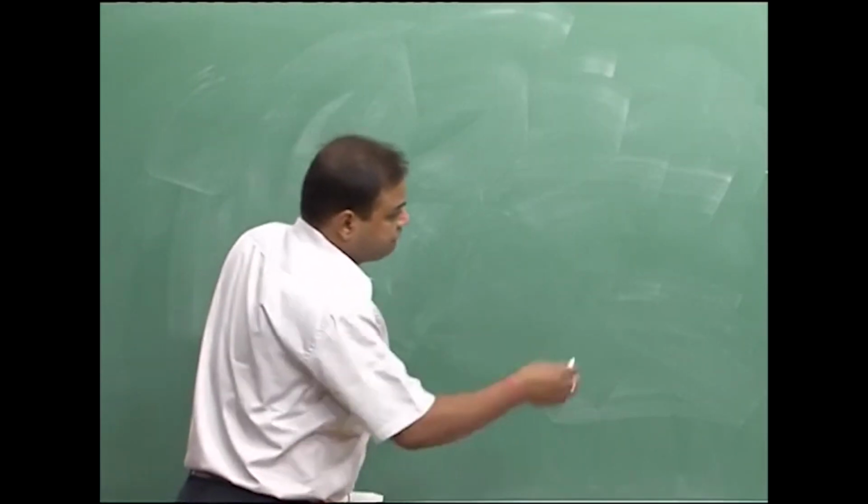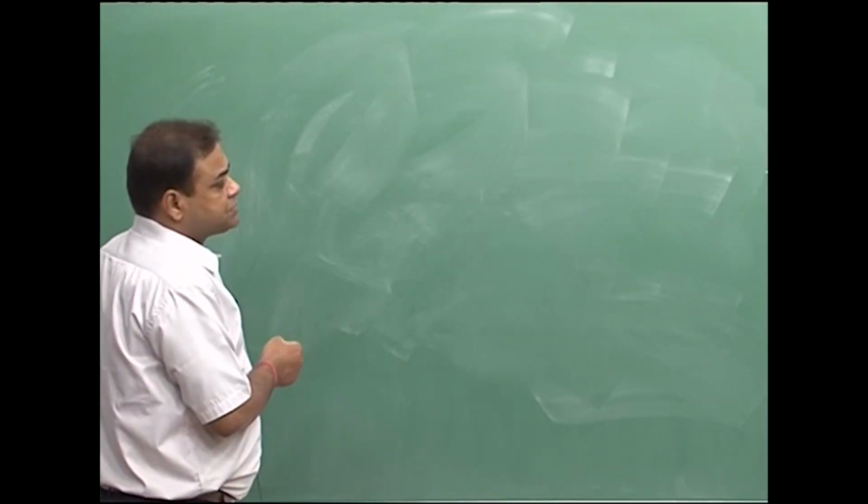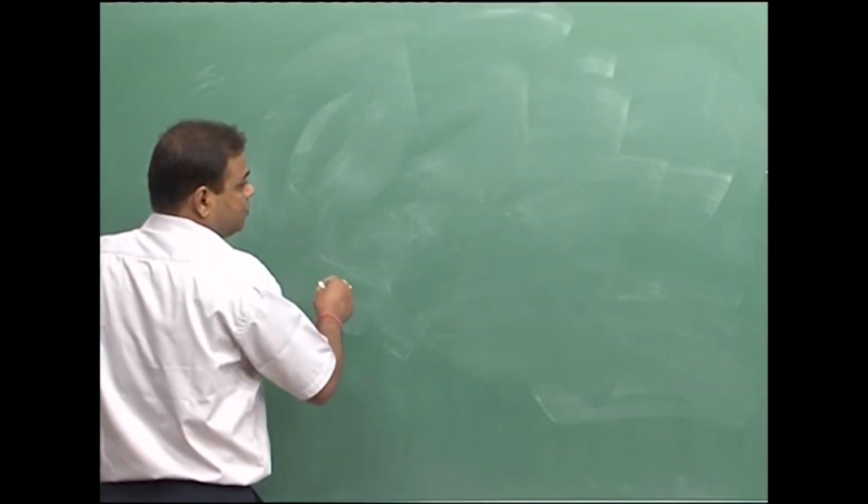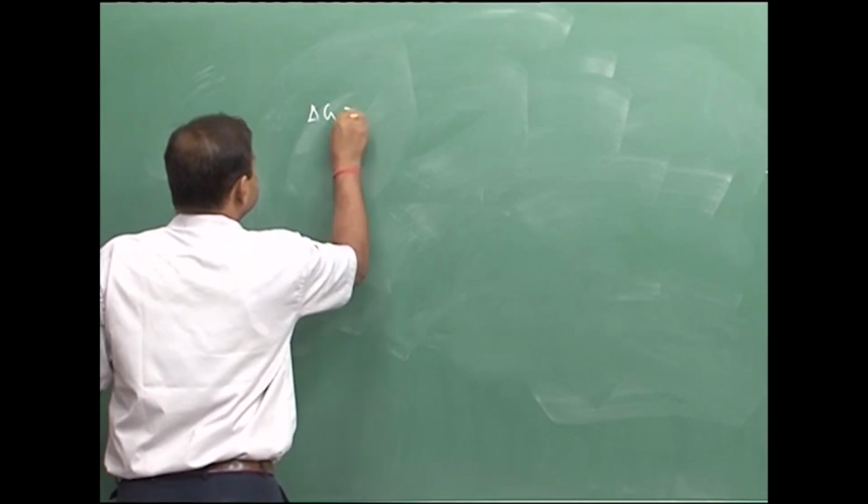So, if the equilibrium partial pressure of oxygen at particular temperature T is less than the actual oxygen partial pressure existing on the metal surface, then we can determine the free energy change.